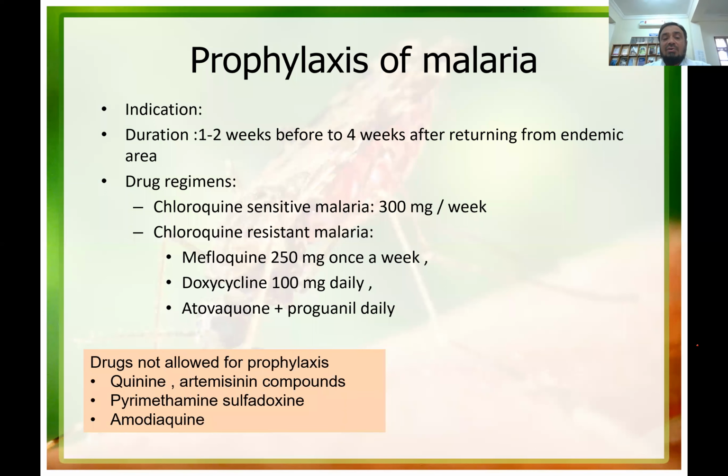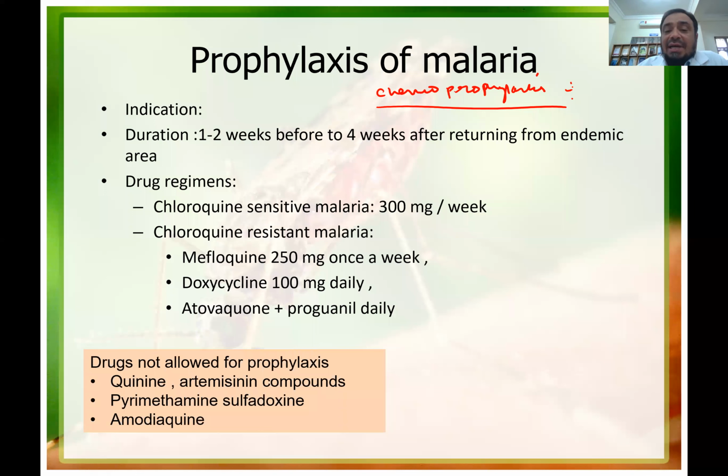Prophylaxis of malaria, also known as chemoprophylaxis, is indicated when a patient from a non-endemic area is going to an endemic area, like a traveler, or if there is an immunocompromised patient, or a pregnant female in an endemic area, or children.